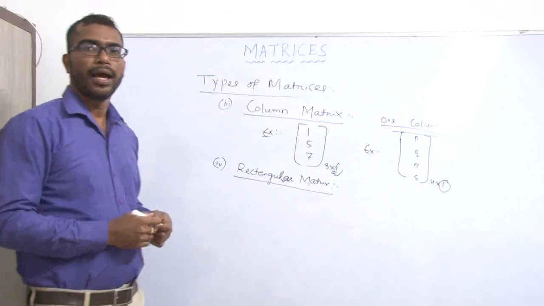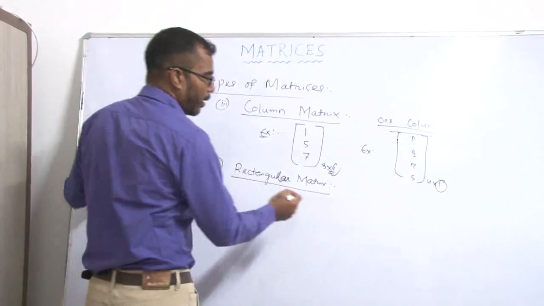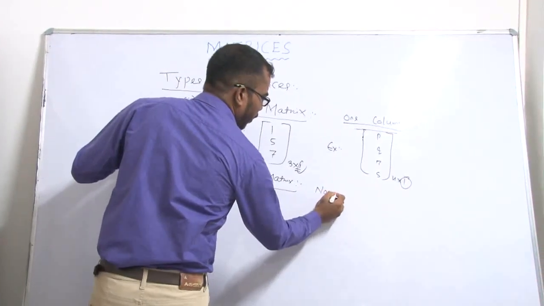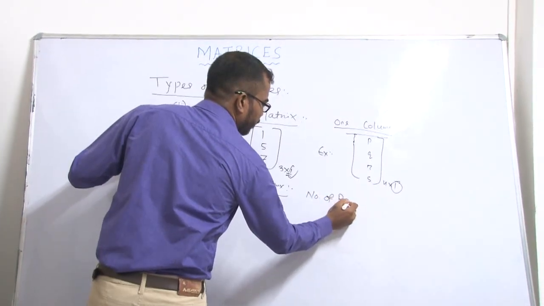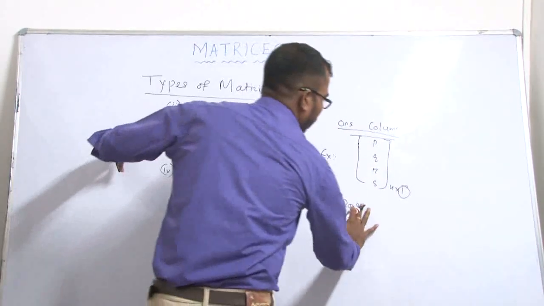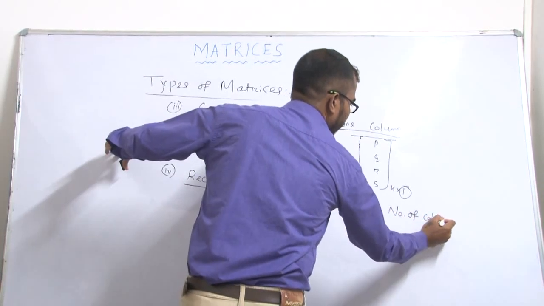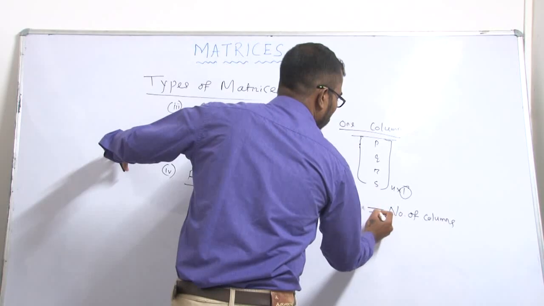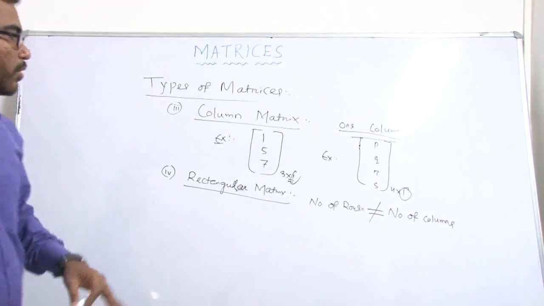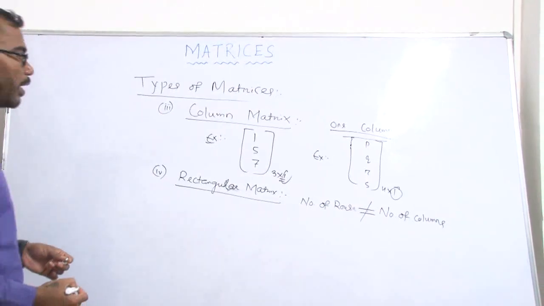So it is a rectangular matrix. Rectangular matrix means number of rows and number of columns are not equal. So it is a rectangular matrix.